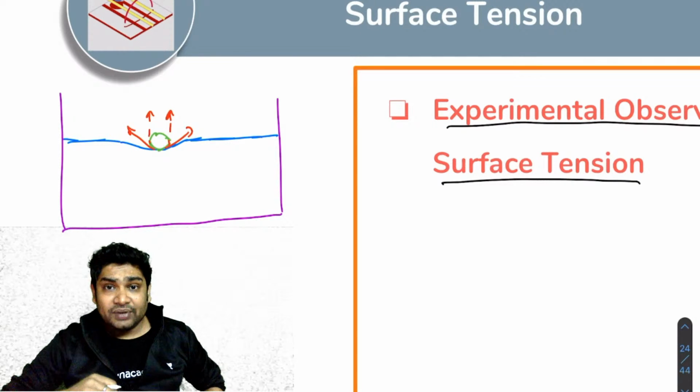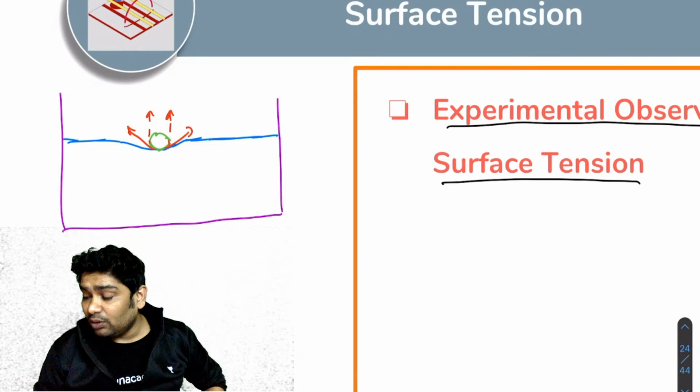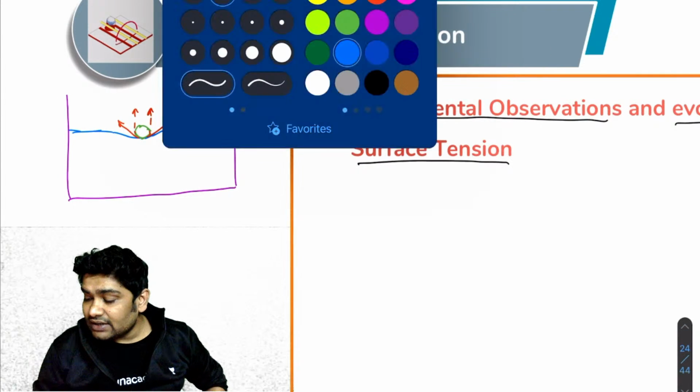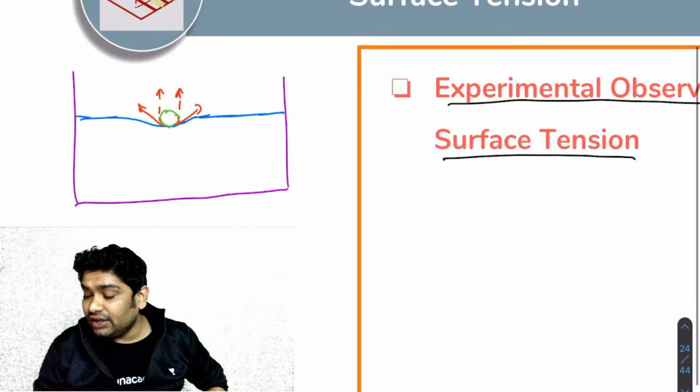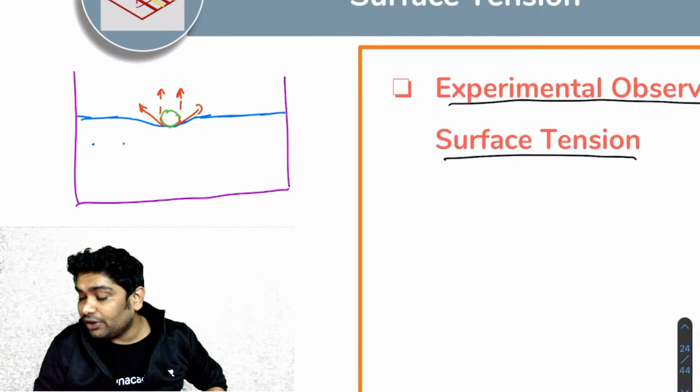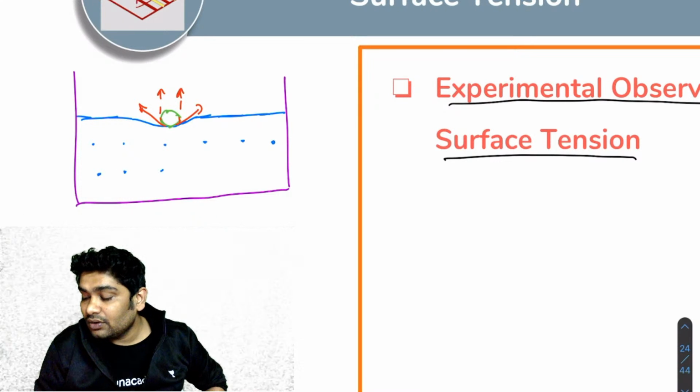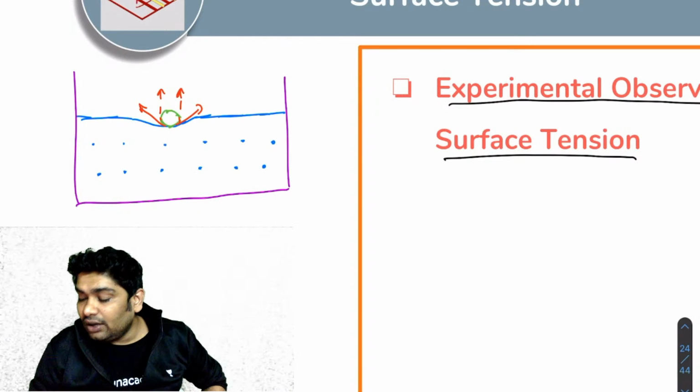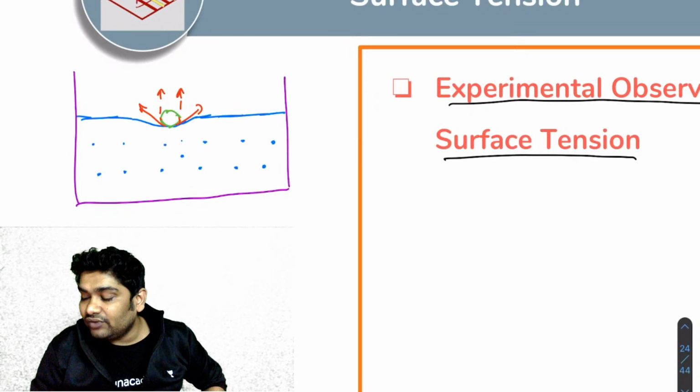The reason is quite simple. It's not that complicated, turns out. If you talk about the various molecules in the liquid, take a molecule situated somewhere in the middle.